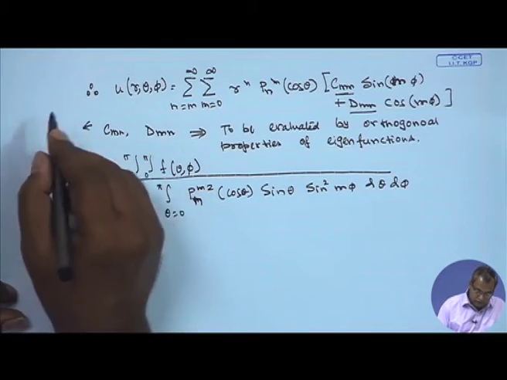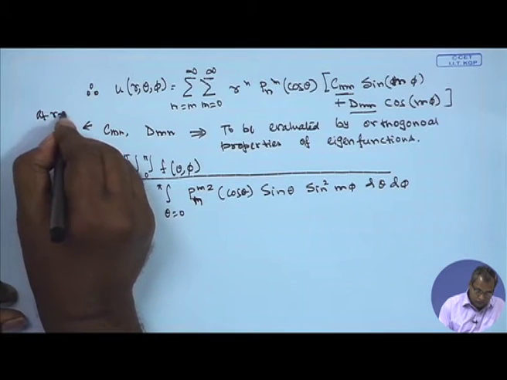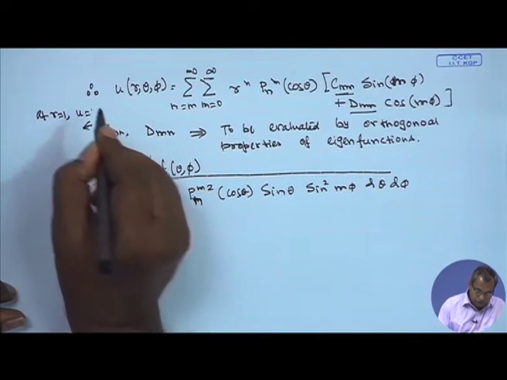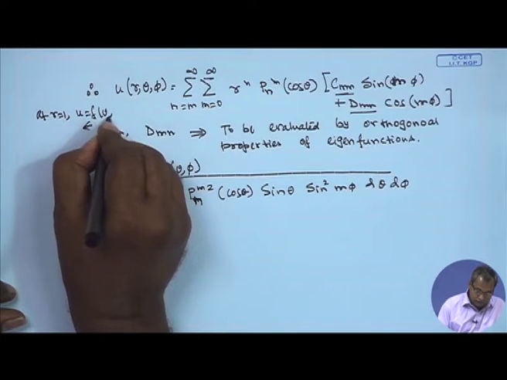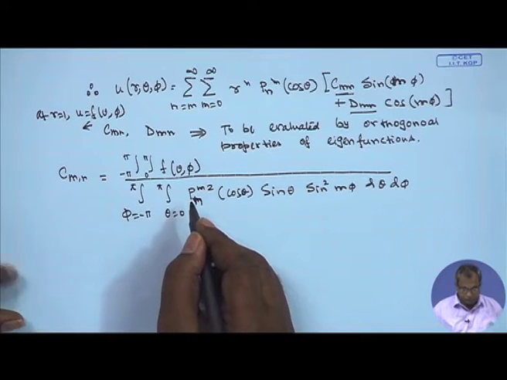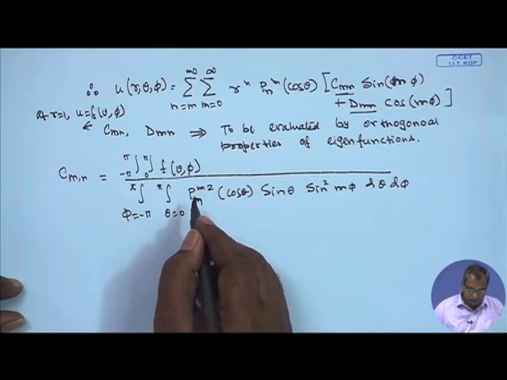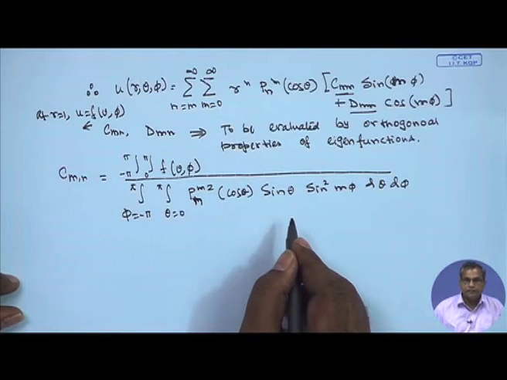Using the condition that at r equal to 1, u is equal to f of theta phi, some prescribed, known function of theta and phi. In general it will be a function of theta and phi, or it may be a function of theta alone, or phi alone, or it may be a constant.